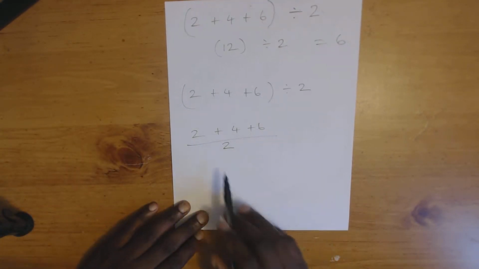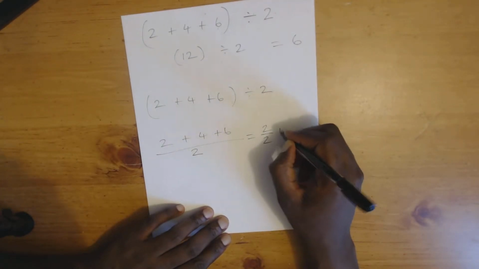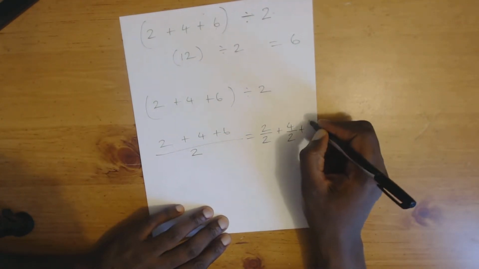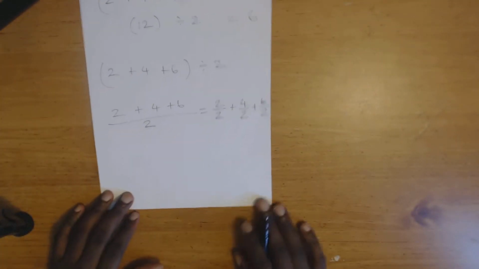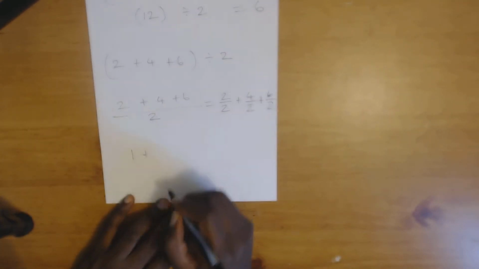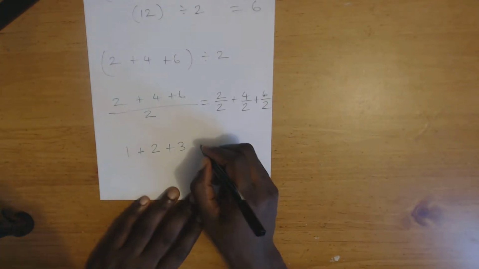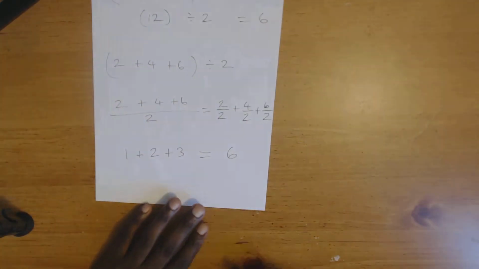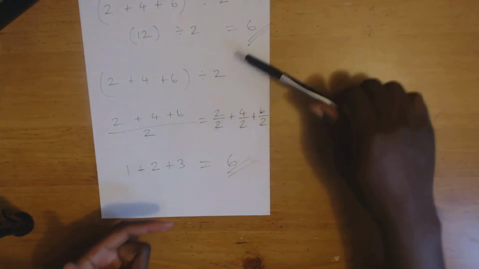And as when we did addition with fractions, you could separate them out to give you 2 divided by 2 plus 4 divided by 2 plus 6 divided by 2. Okay? And of course, 2 divided by 2 is 1. 4 divided by 2 is 2. 6 divided by 2 is 3. And 1 plus 2 plus 3 is what? 6. The same answer, right? So we got to the same answer using two different techniques.